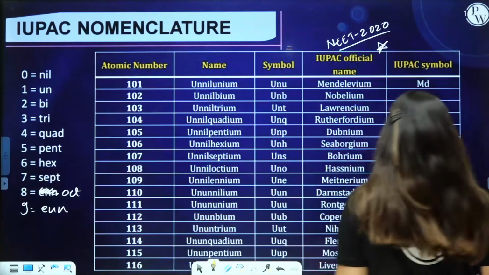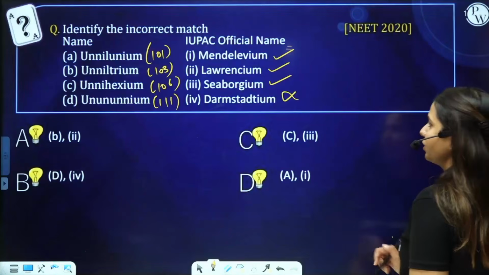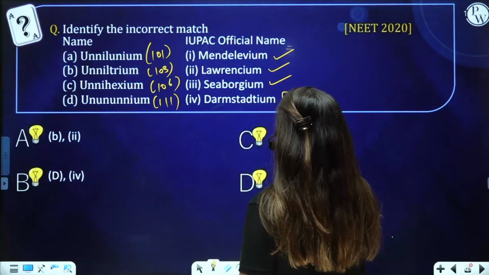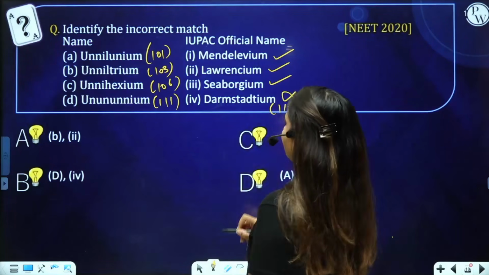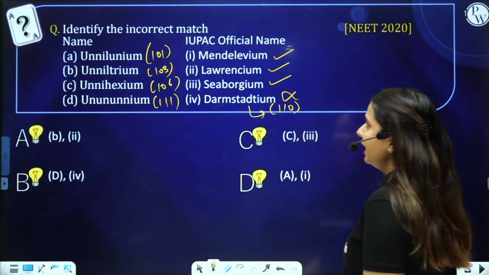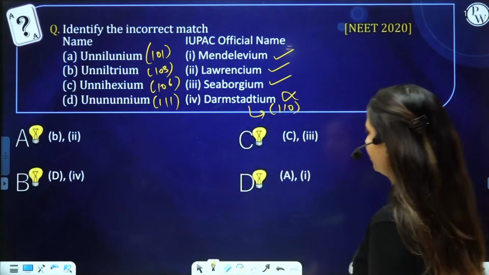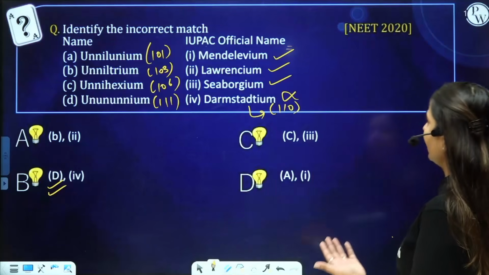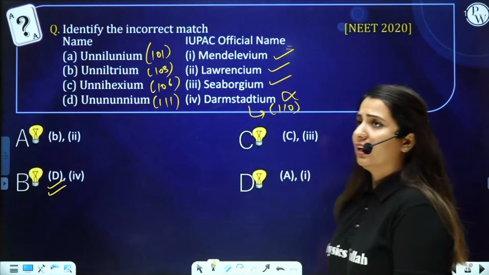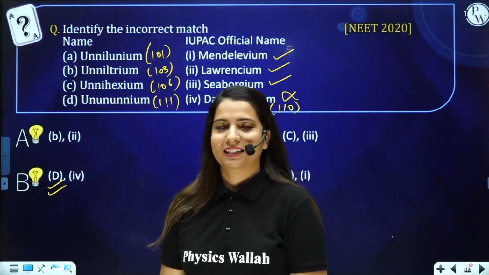So this is the table through which you can answer the question. This is the incorrect option, which is the only one, the D option, the fourth one. And this question has come in NEET 2020. So you can understand the importance of that table.